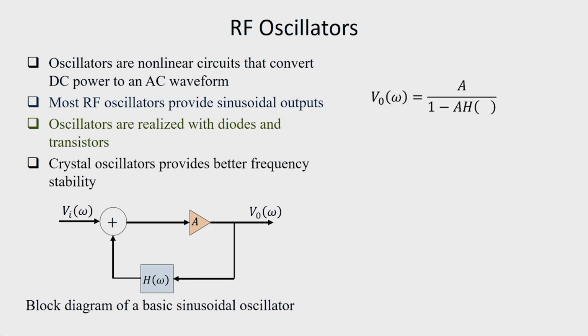Here we can see that V output is multiplied by H(omega), the gain of the feedback path, and then it is added to V_I. Now, this is a positive feedback circuit.